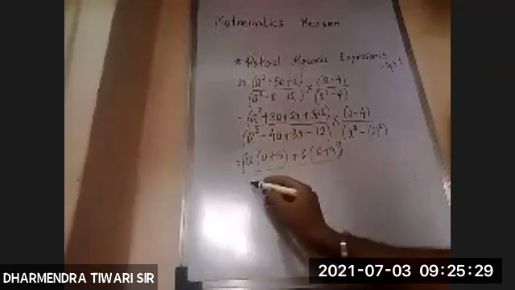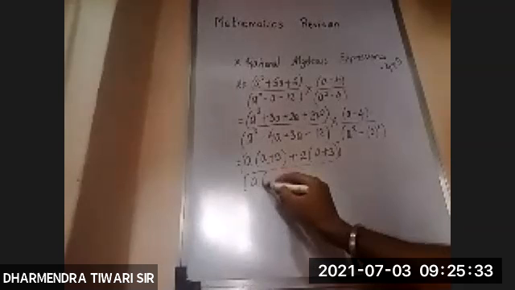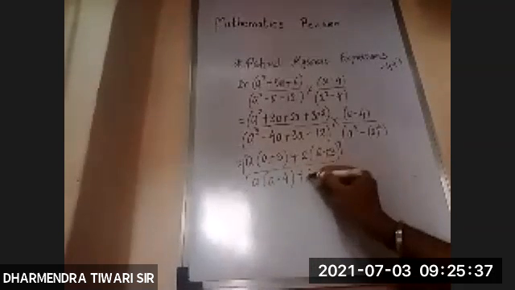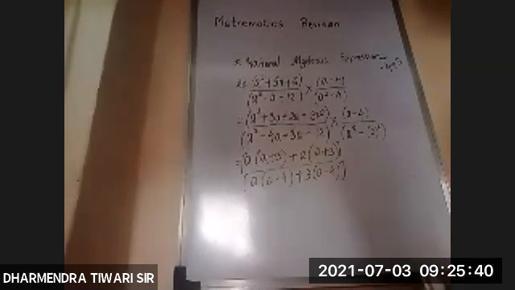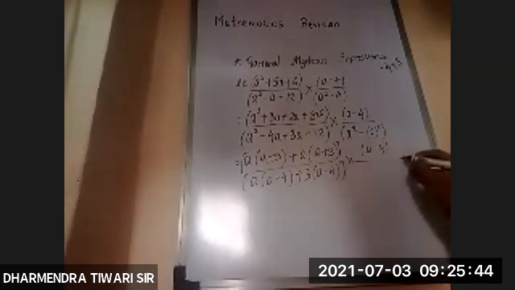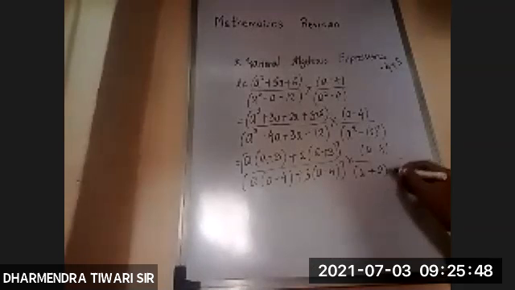Here also we can see what is common: a minus 4. And here we have taken 3 common. What remains? a minus 4 into here a minus 4 as it is. And we can write this as a plus 2 into a minus 2.